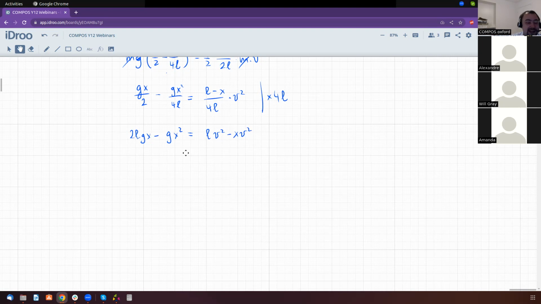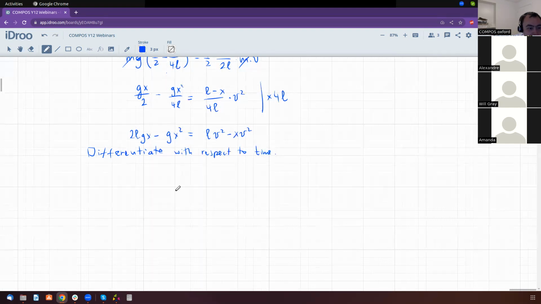And we need to do this very carefully. So we differentiate with respect to time. L and g are constants.